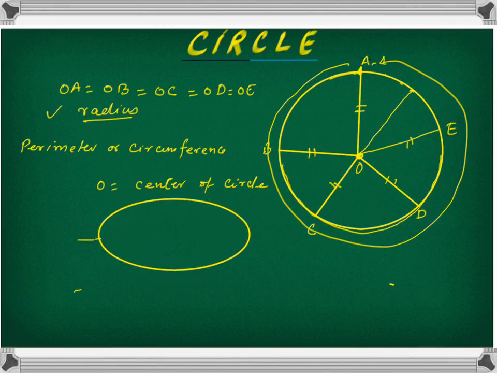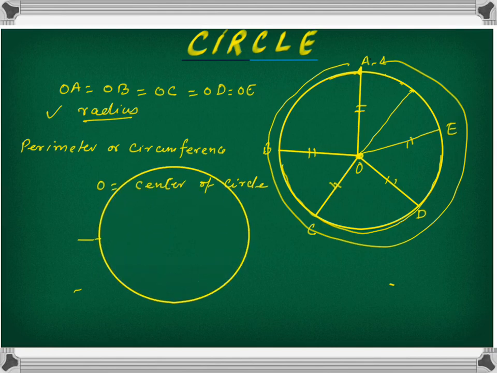I will just draw one more circle, okay, and now joining any 2 points on the circumference. So suppose this is 1 point and this is 1 point. If we join these 2 points on the circumference, this is called the chord. A and B is called a chord, okay.